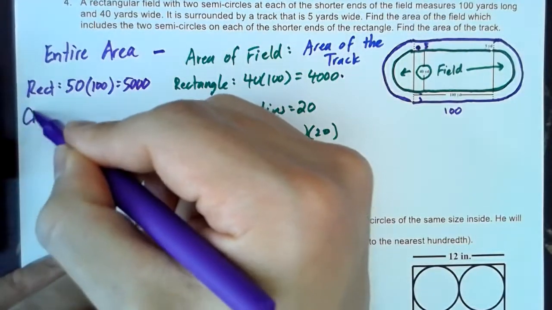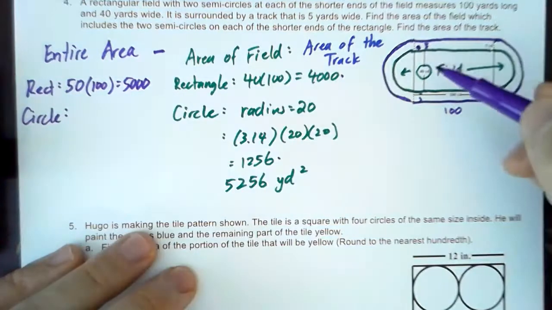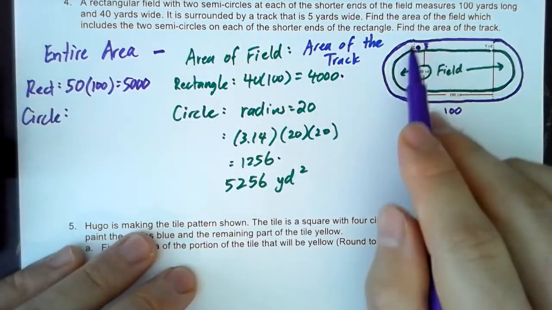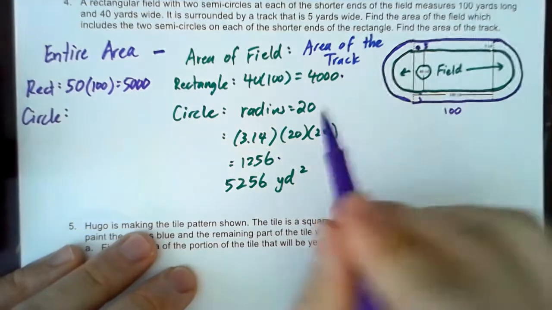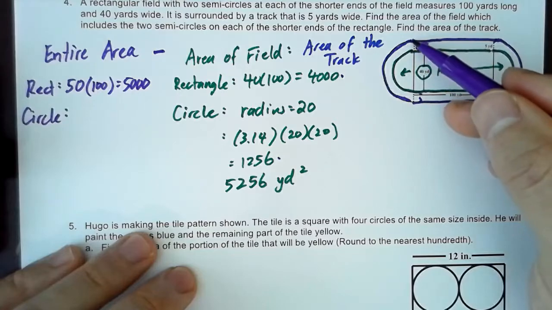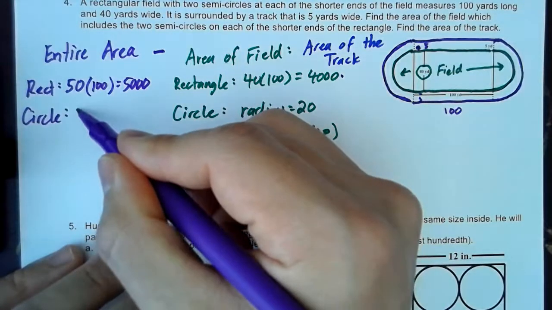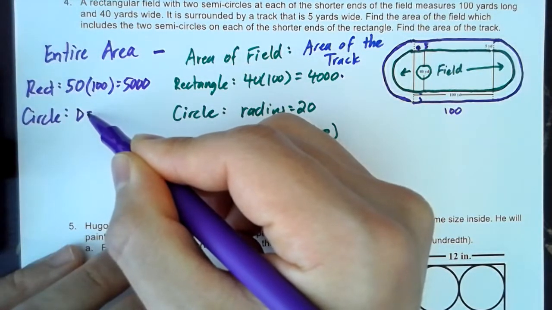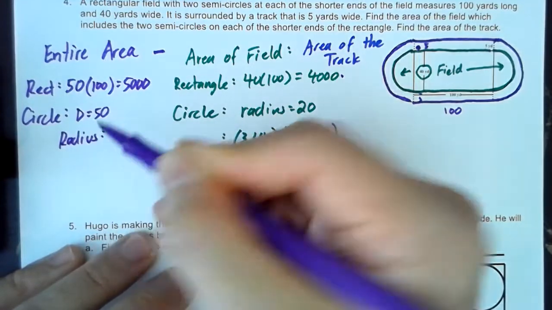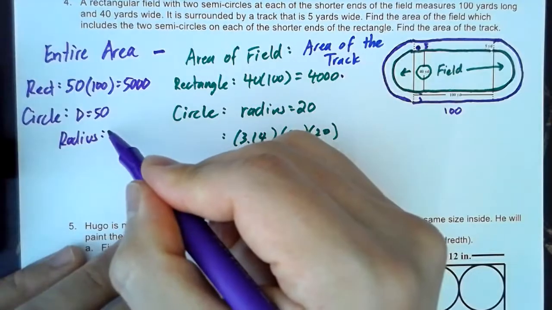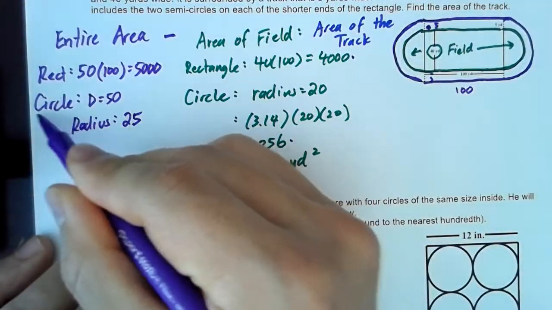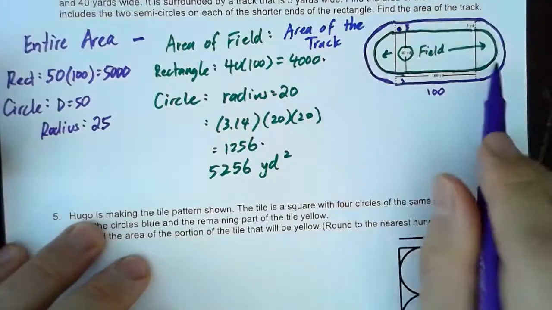Okay, the circle, well, when we change this height to make it 50, doesn't that also change the radius of the circle? The radius is no longer 20. It now has a diameter of 50. So if the diameter is equal to 50, that means the radius is equal to 25. So now let's find the area of the circle, right? There's two semicircles.